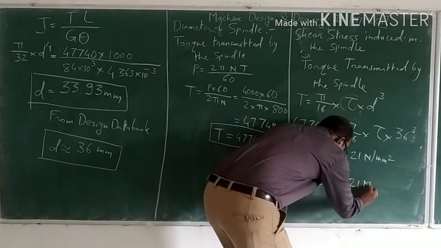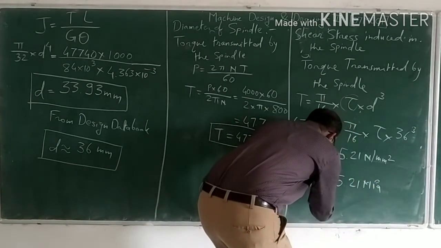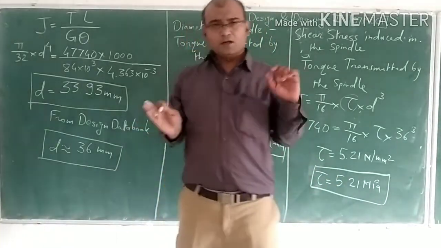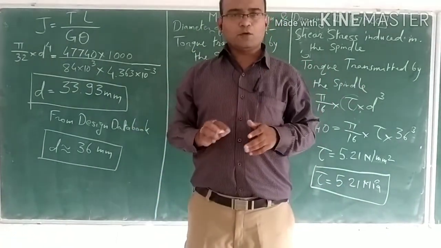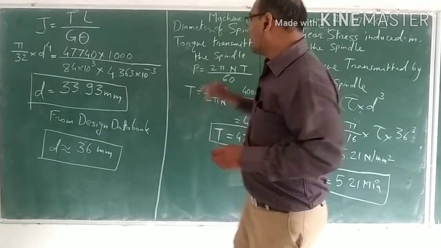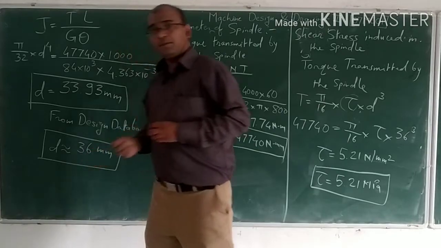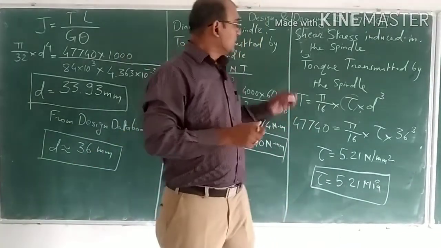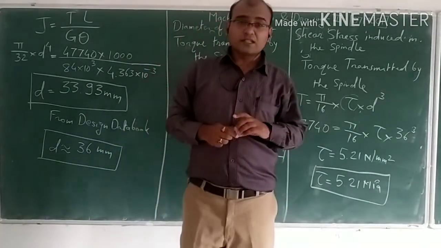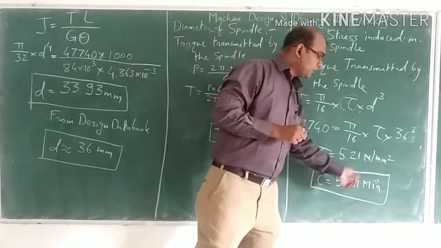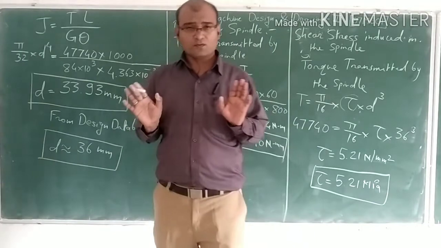That's clear. As per the problem, the diameter of the spindle is 36 mm, and the shear stress induced in the spindle is 5.21 megapascal.